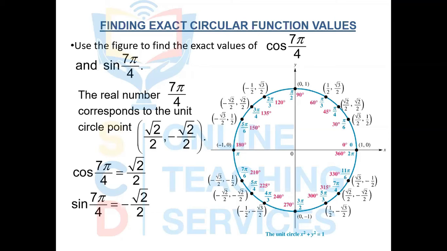Okay, now if I ask you, Jessalyn, what is the circular function value of, for example, negative 4 pi all over 3? Negative 4 pi all over 3.